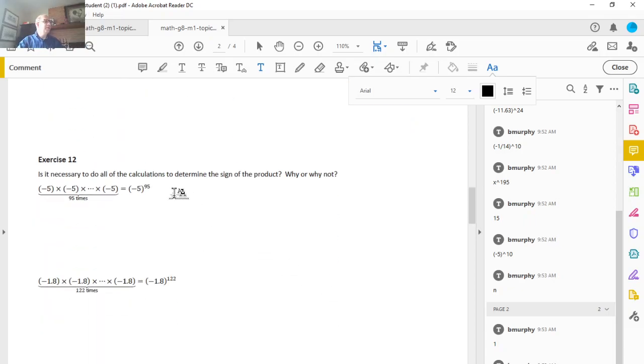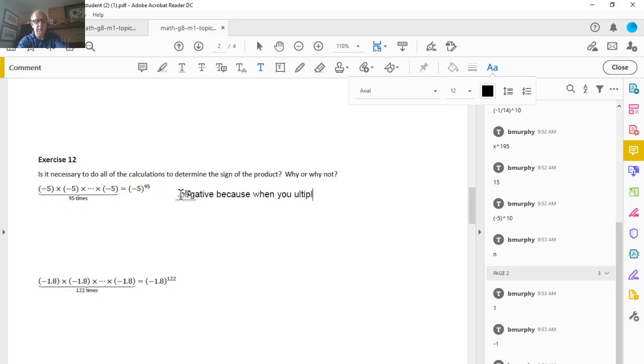So it's not necessary to do all the calculations to determine the sign. We have 95 times here. So 95 is odd, so the answer is going to be negative, because when you multiply an odd number of negative terms, the answer is negative.